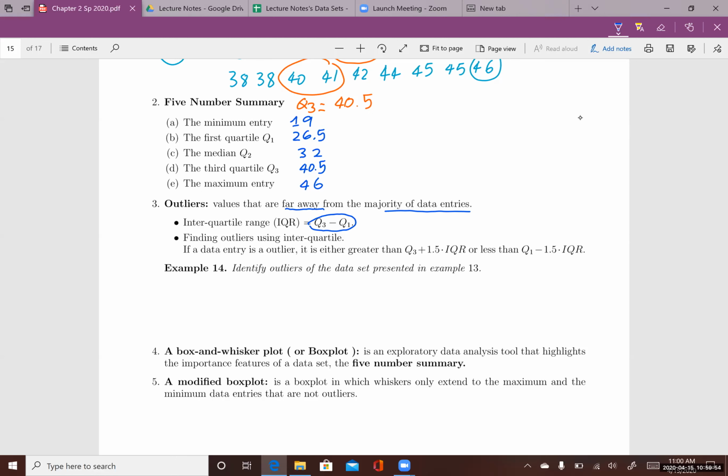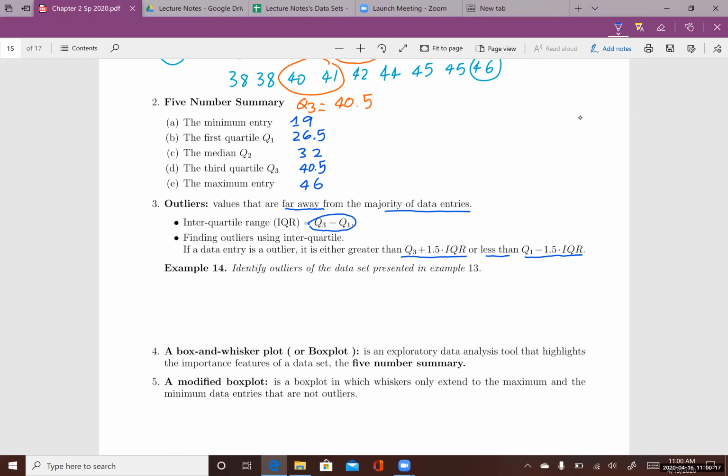The formula that helps us find the outliers is this: any values that are either greater than Q3 plus 1.5 times IQR, or less than Q1 minus 1.5 times IQR.